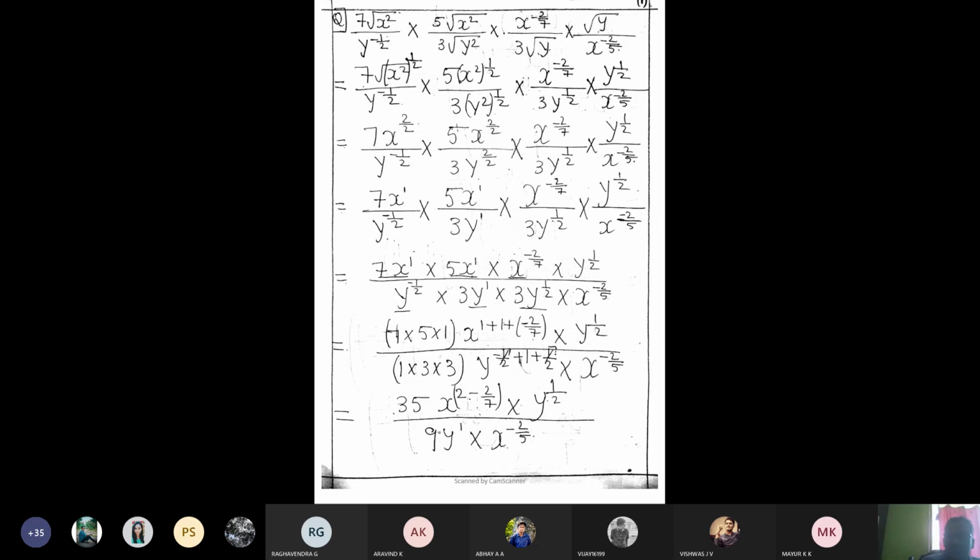Shall I move on to the next one? If you don't have any question, I can move on. It's all about your simplification only. Application of laws is over. You are left with only the simplification procedure.